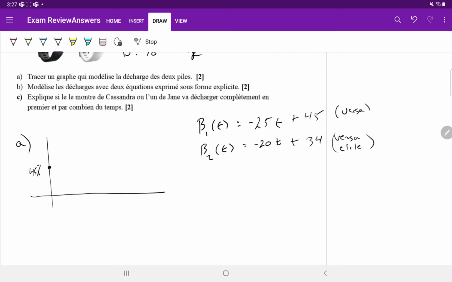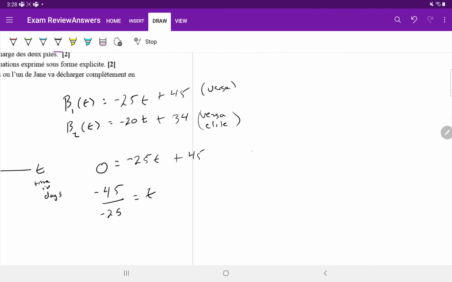Okay, so let's find out where that t-intercept is, where this is t, time in days, and this is b, the percent charge. I'm going to look at B1, and to figure out where that intercepts, I'm going to say 0 is equal to negative 25t plus 45, or negative 45 over negative 25 is equal to t. I'll do the same thing with the other one. For B2, 0 is equal to negative 20t plus 34, so negative 34 over negative 20 is equal to t.